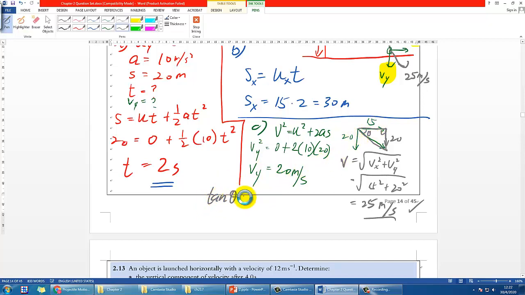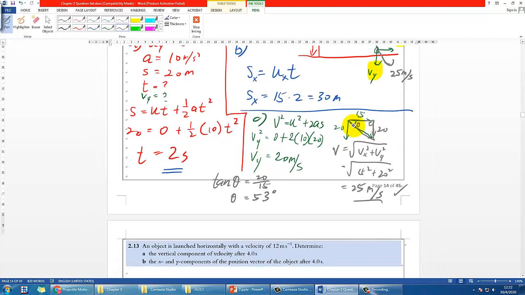Tangent theta in our case would be 20 over 15, so you can simply use your calculator: arctan of 20 divided by 15, and you should find 53.13 degrees. That will be the angle from the horizontal, the angle at which you are striking the ground.